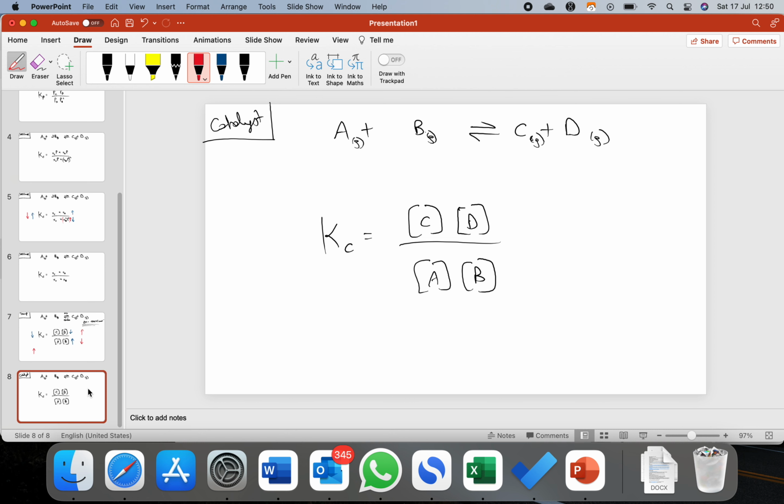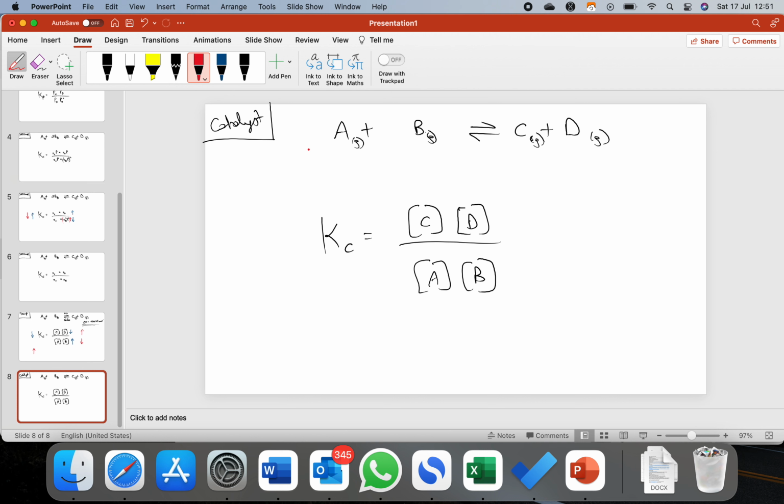And finally, you've got catalysts. Well, catalysts don't change the concentration of the reactants or products. All they do is lower the activation energy such that more particles in the system have the required energy to react, and that doesn't affect the concentrations, and therefore it doesn't affect Kc.